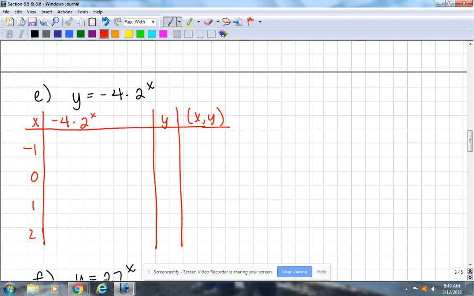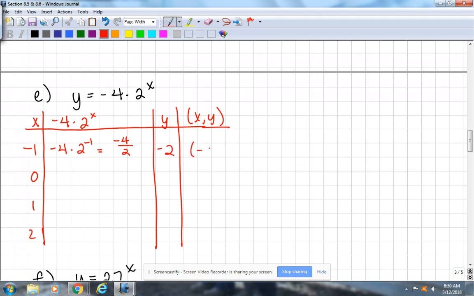So first I'm going to plug in my negative 1 for my exponent. So I have negative 4 times 2 to the negative 1. How do I evaluate that? Two to the first on the bottom, so that's negative 4 over 2. Right? And what does negative 4 over 2 simplify to be? Negative 2.